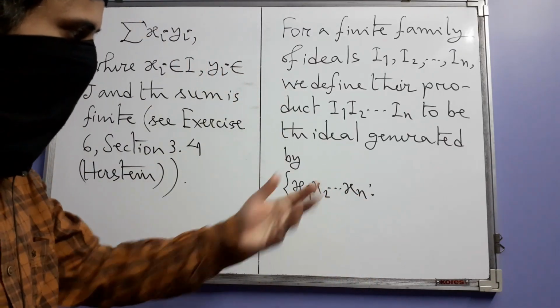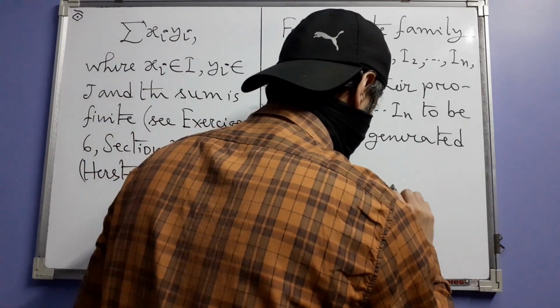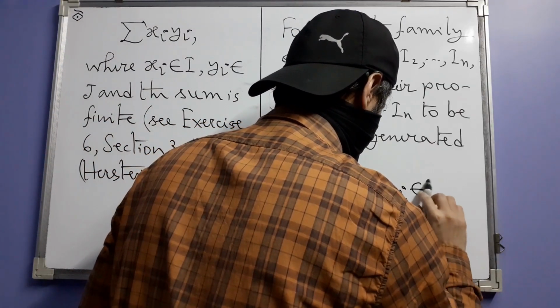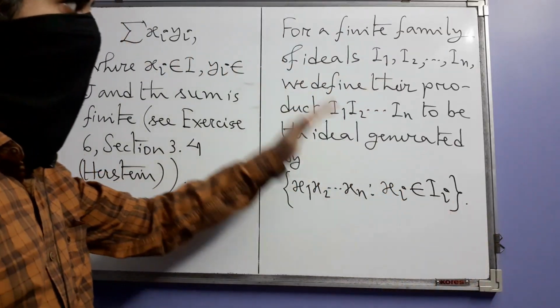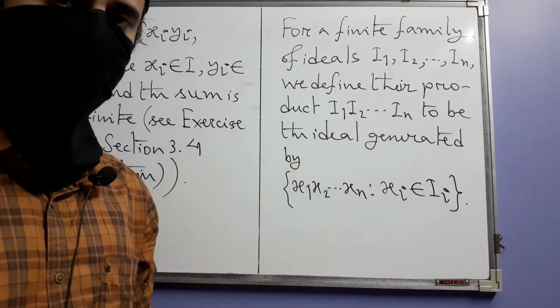You can clearly see here that xi needs to come from Ii. You can clearly see that this is a direct generalization of that two ideal case.